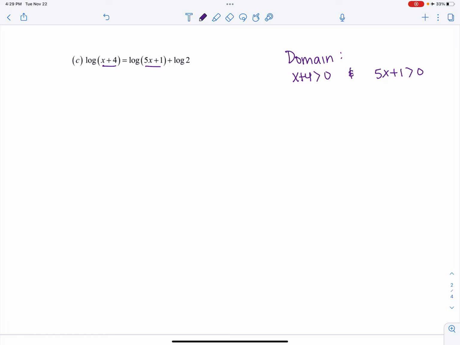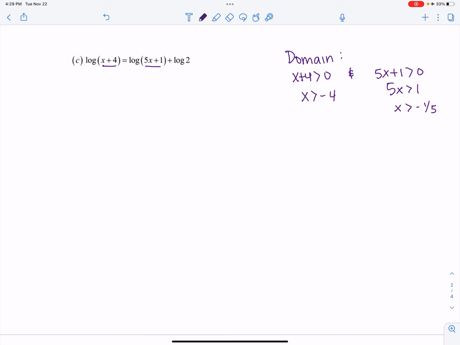Now, if x plus 4 is greater than 0, that tells me x is greater than negative 4. If 5x plus 1 is greater than 0, 5x is greater than negative 1, so x is greater than negative 1/5.